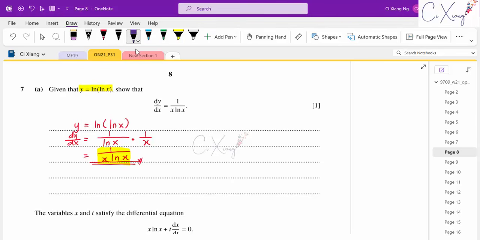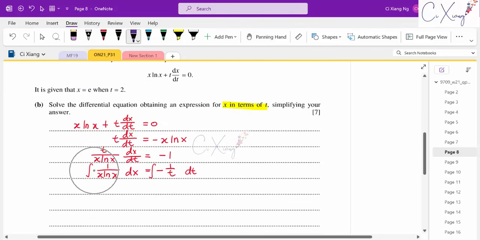So if you want to integrate 1 over x ln x, you have to apply the opposite process, which is integration. So when you integrate 1 over x ln x, you should get the original equation of y, which is ln x. Okay, so that's the purpose of why they want us to prove the differentiation result, because we can apply the result straight away in part B that involves the integration. So integrating 1 over x ln x will give you ln x.